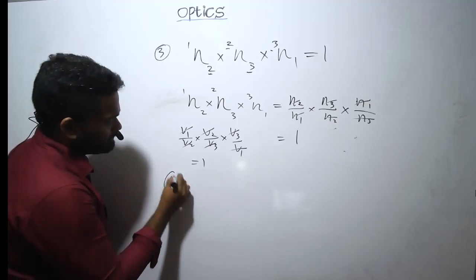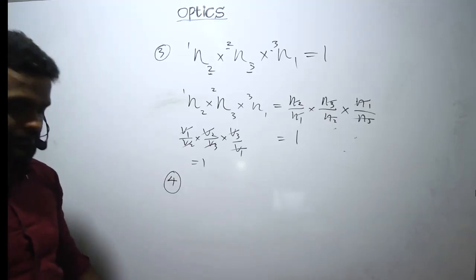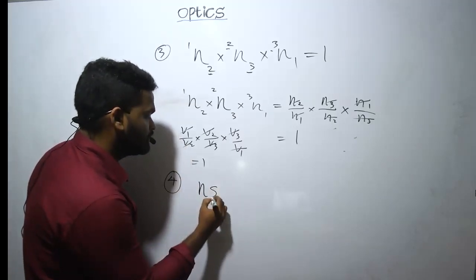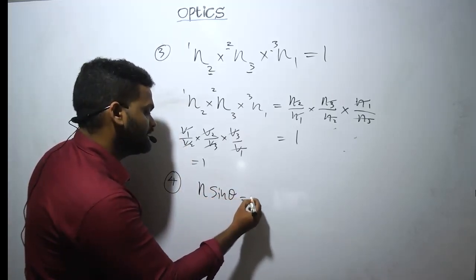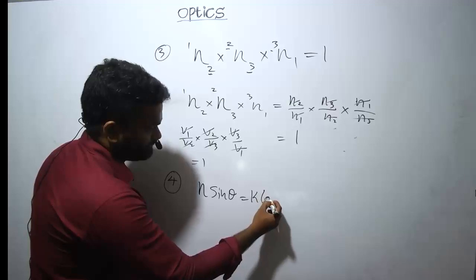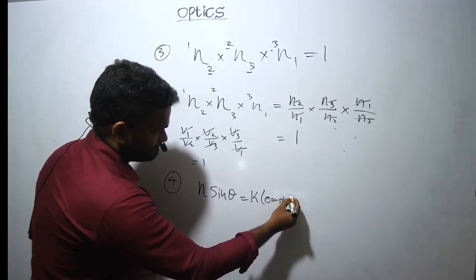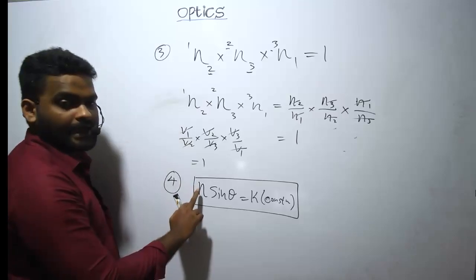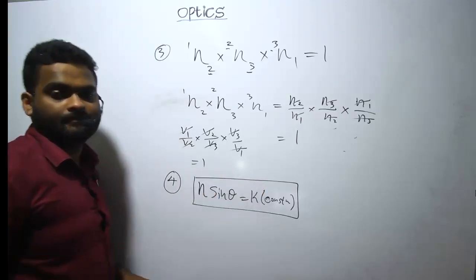Then the fourth combination you can use, write that down: n sine theta equals k. This is the fourth combination, right? n sine theta equals k.